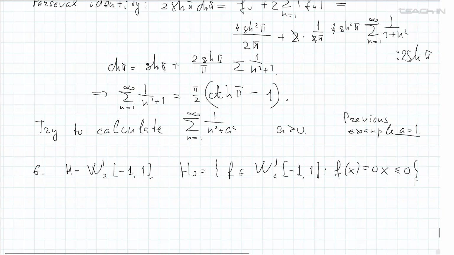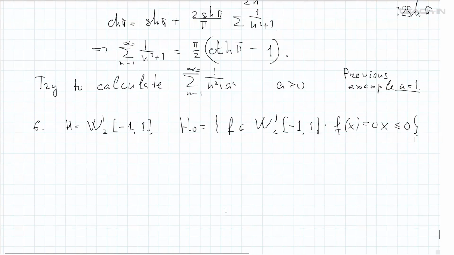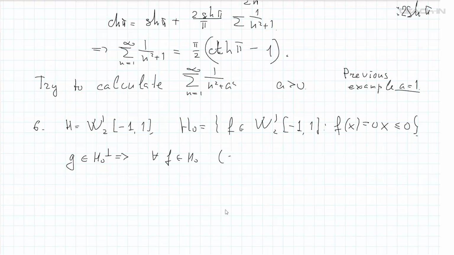So let's try to find h0. Let's try to find the h0 orthogonal. We know that all f are 0 on the negative subinterval.